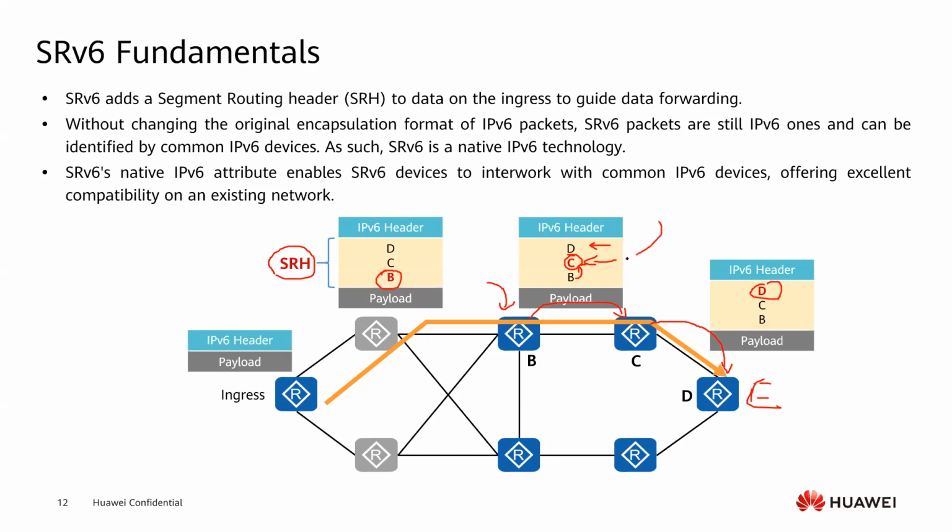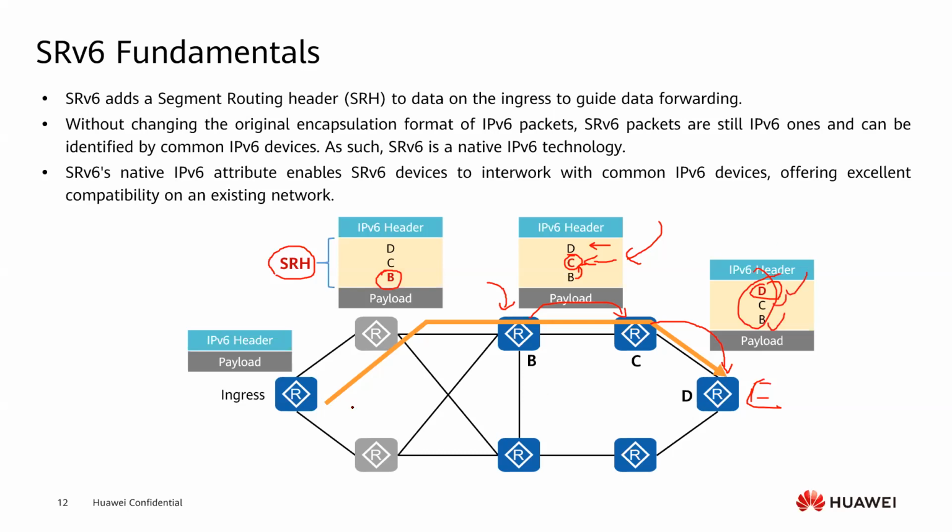So in this way, SRv6 makes it very easy to do a reverse trace. It will know which path this packet came from.